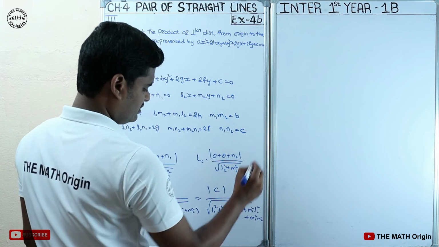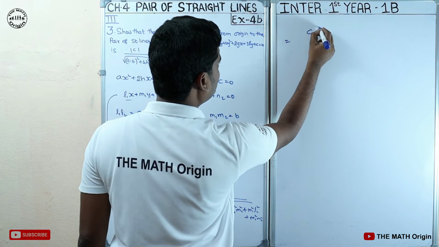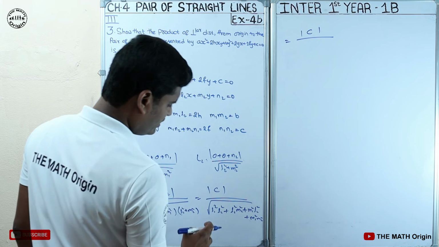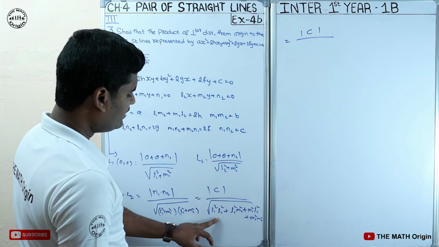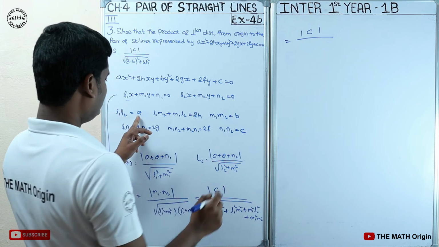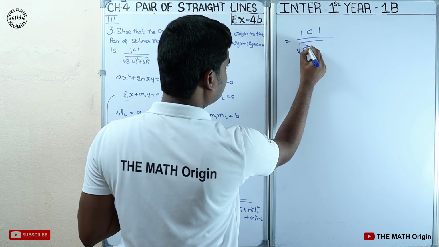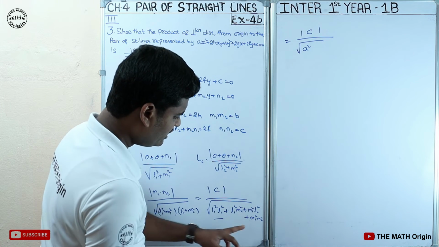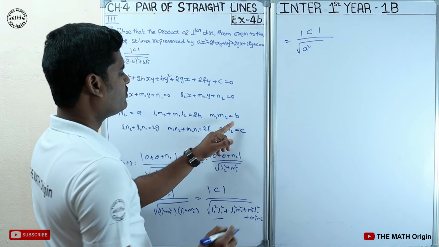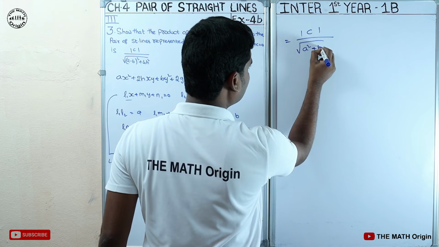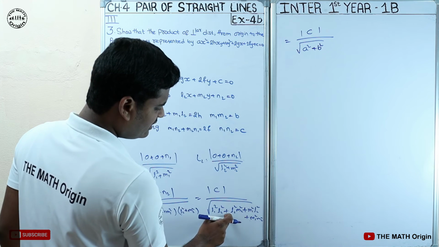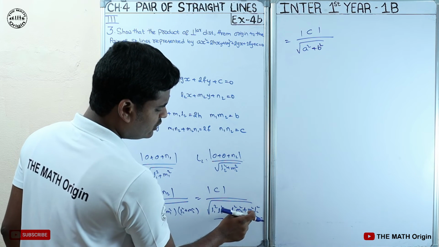Okay, now from this if you write it down, that is equals to modulus of C by root of L1 L2 whole square. L1 L2 value is A, so we have A square and M1 M2 square, M1 M2 square is B square plus B square. The other value says L1 M2.